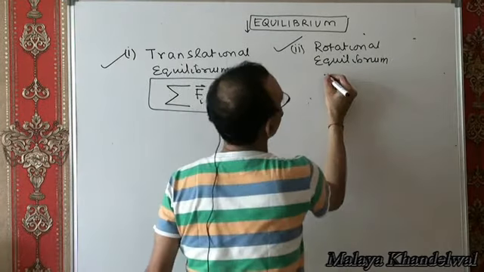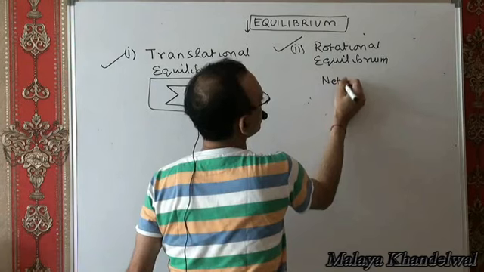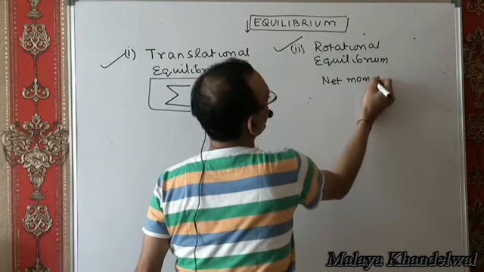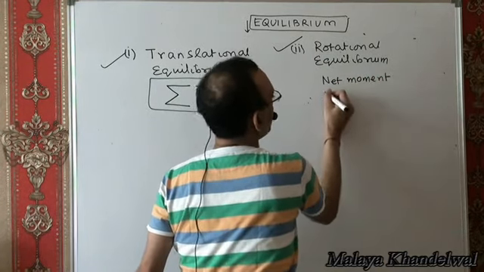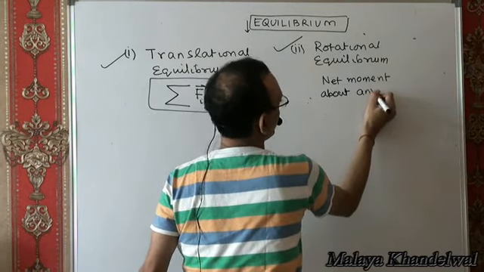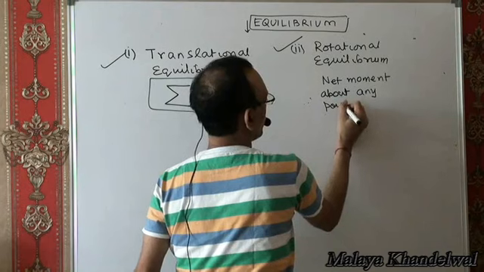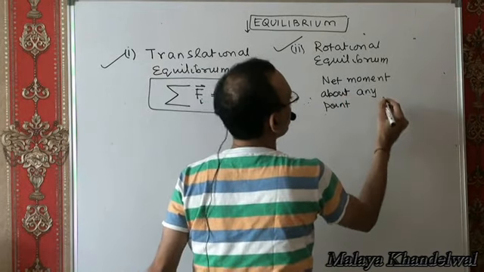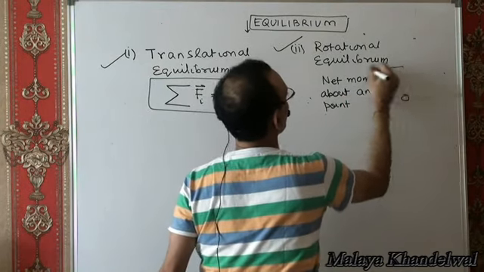And rotational equilibrium means net moment about any point in the plane must be 0.